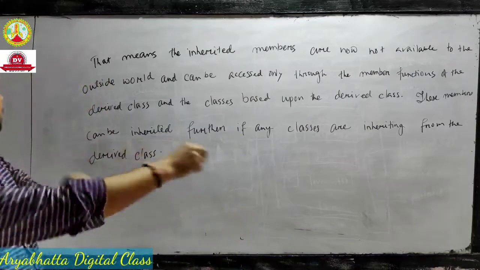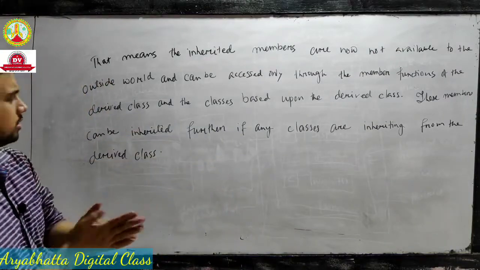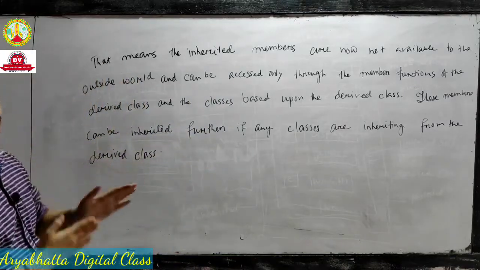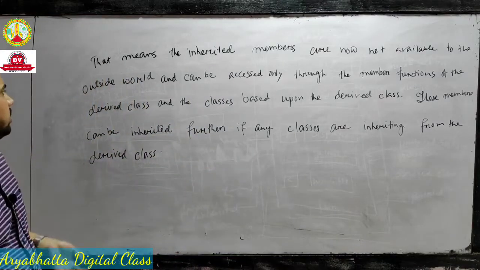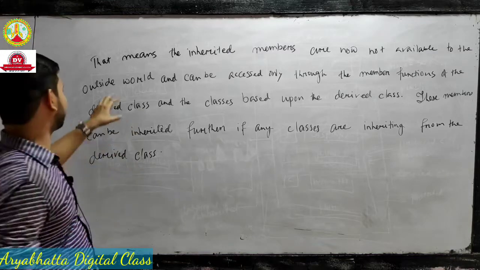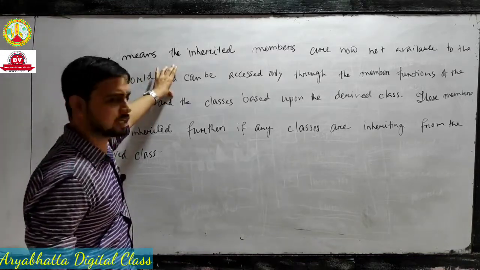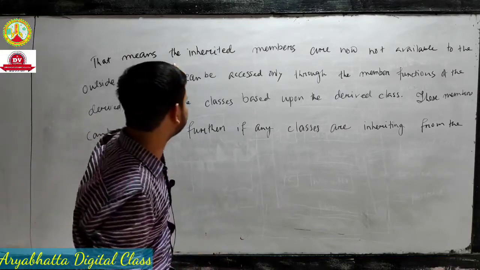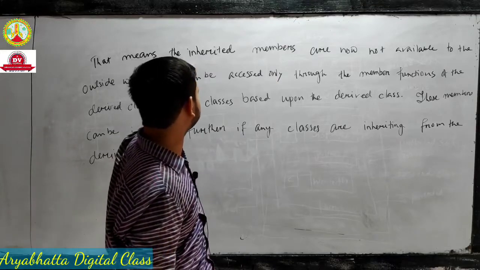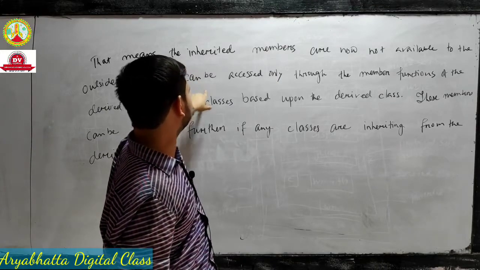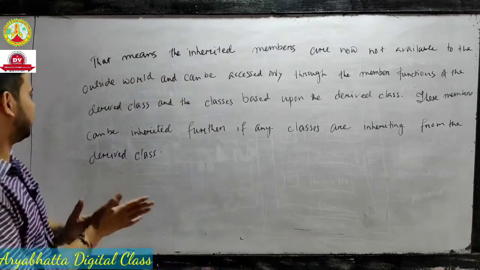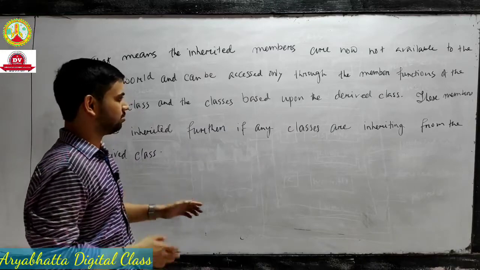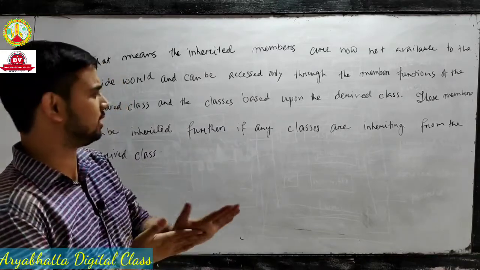You see, this theory, this concept, I already told you earlier. Just as a note, the inherited members are not available to the outside world. Whatever is private and protected, we cannot access from outside of the class. That same concept is written here in this theory. And this can be inherited further if any class is inherited from the derived class.